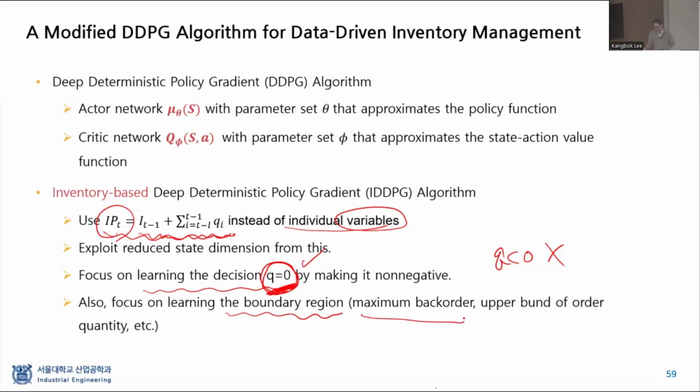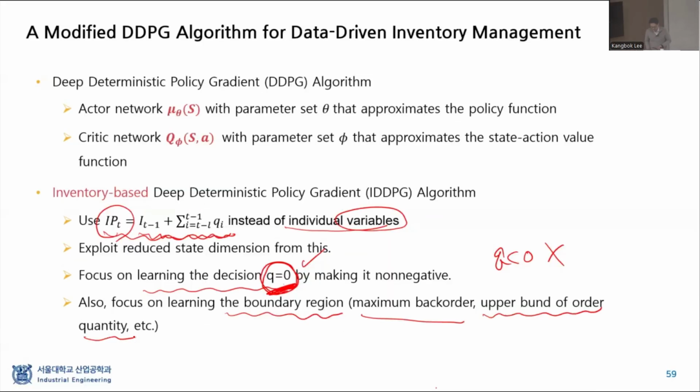In terms of the maximum backorder, actually the maximum backorder can be infinite, but maybe we can reduce it to a reasonable number. Then by reducing it, it can be a little bit easier to implement this problem. And also we can think of an upper bound of the order quantity, which does not exist in the original problem, but by implementing a reasonable upper bound of the order quantity, maybe we can reduce the search space and make our problem a little bit more tractable.